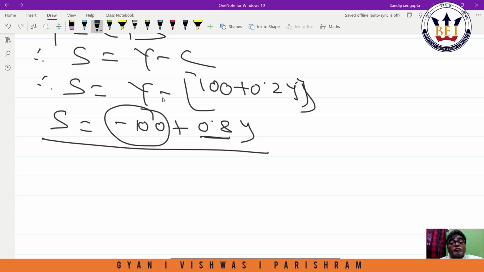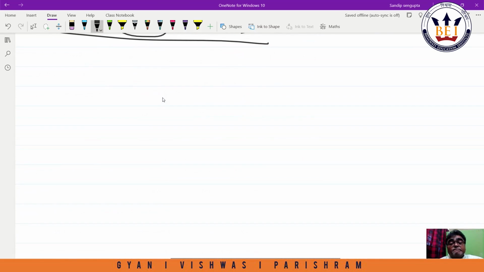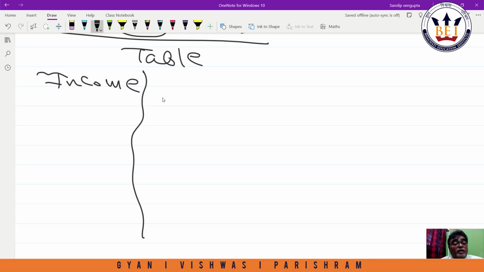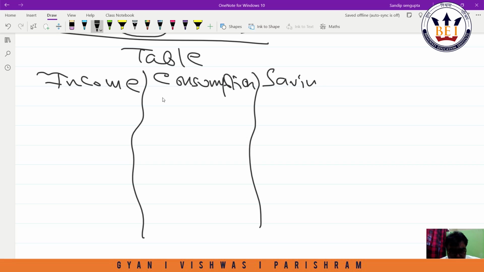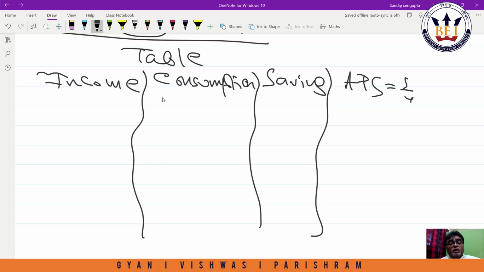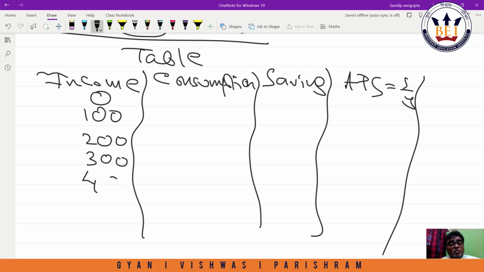Either one can give it this way, or one can add a table also. What table? Income, consumption, saving, APS. APS means S by Y. Income 0, 100, 200, 300, 400, 500, 600.